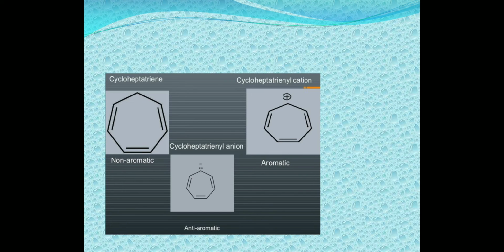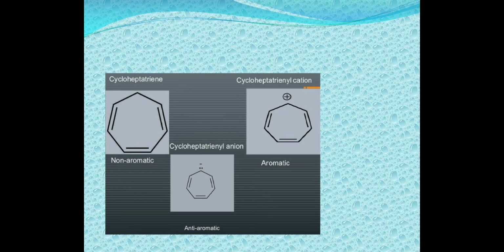In the cycloheptatrienyl cation, a positive charge makes the carbon atom planar. That is why it becomes aromatic, because it has 6 pi electrons, which follows Huckel's rule. So cycloheptatriene is non-aromatic and the cycloheptatrienyl cation is aromatic.